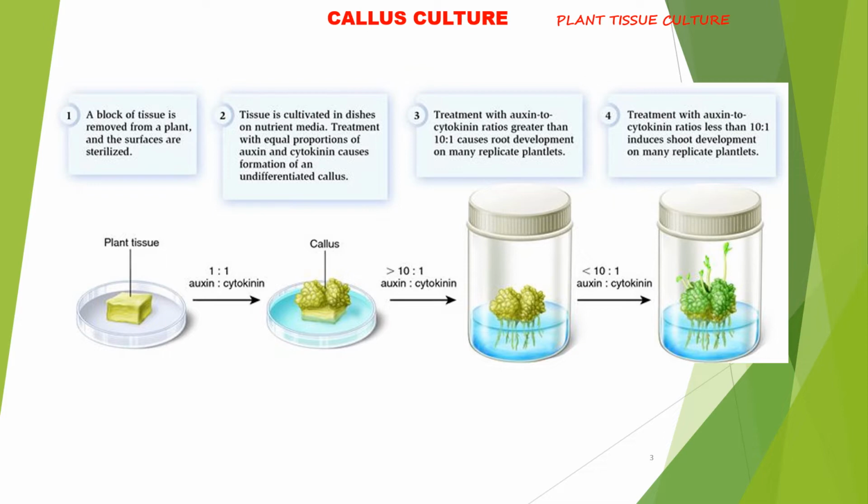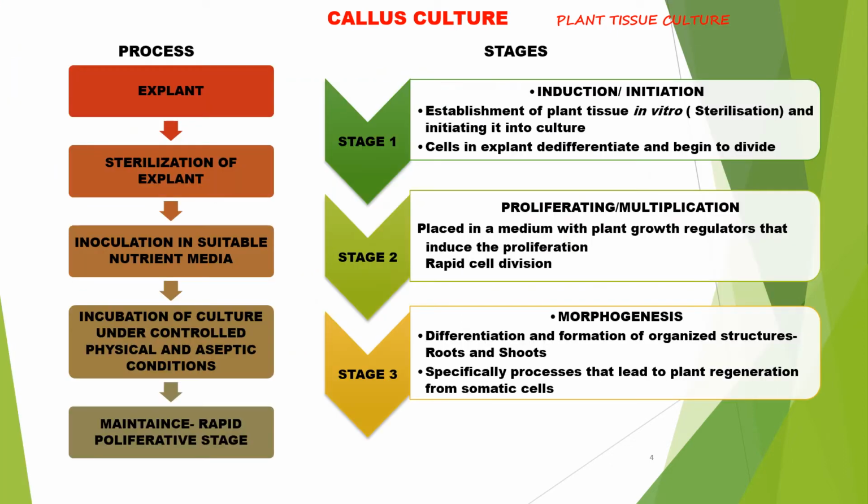As organogenesis happens, the shoot and root formation happens after the formation of an intermediate stage, that is the callus. The process of callus culture includes excision of explant from the mother or the donor plant, followed by surface sterilization of the explant and inoculation into a suitable nutrient media.